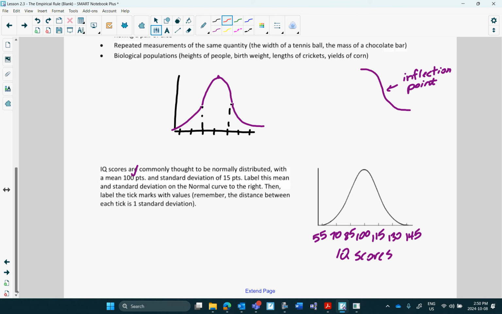So the population in the world, 68% of all the people in the world have an IQ between 85 and 115. 95% have an IQ between 70 and 130. 99.7, pretty much all people in the world have an IQ between 55 and 145. And then you've got that rare group outside, either low or very high. Okay.